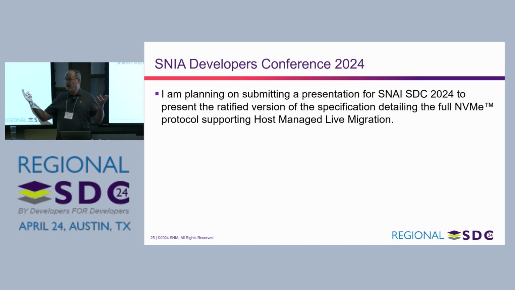Now, you could have two controllers in the NVM subsystem that say I can manage migrations if you wanted to build a system that way. NVMe is not going to dictate how you build your NVM subsystem. It's just going to say, here are the controller capabilities, and you decide which controllers you build. Right now, for SR-IOV secondary controllers, we're not going to allow them to support these commands. They can only be migratable controllers. That clarifies. Okay.